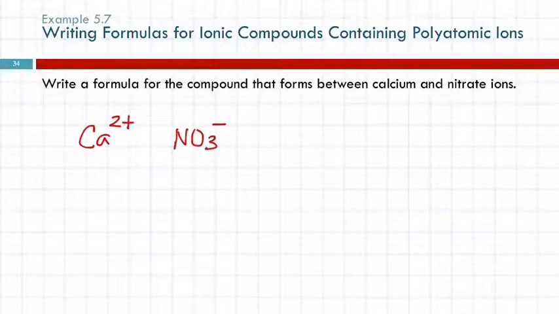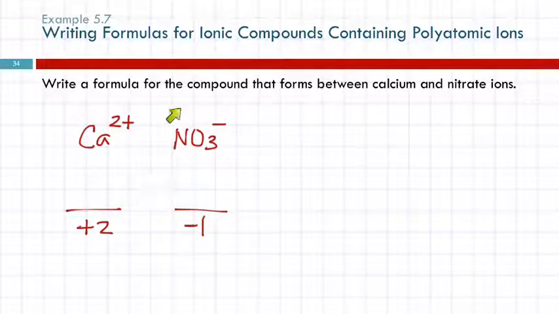Okay, let's do the thinking method first. So I'm just going to kind of keep a tally. So here I have +2 and I have -1. Those don't add up to 0. I need more negatives, right? So I'm going to add another ion. I can't change the charge of it. I can't have half of it. I can add another. So I'll just write another one in here, NO3.